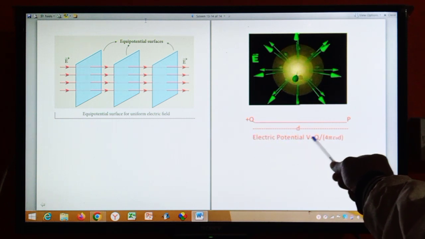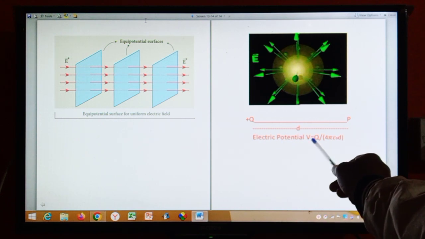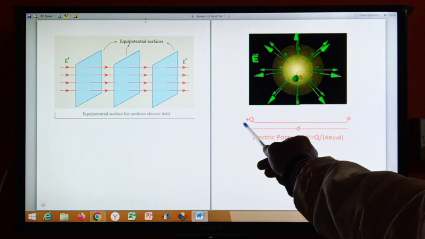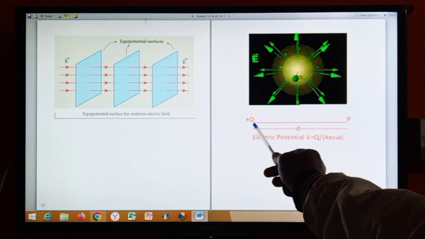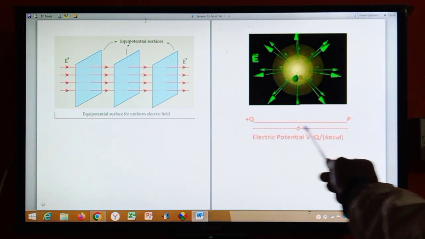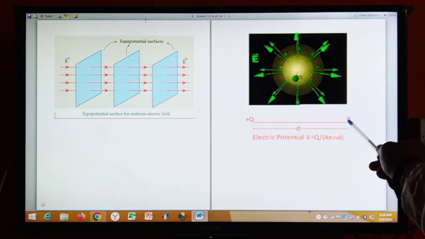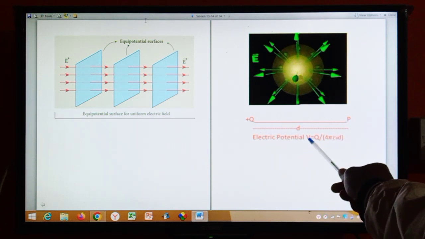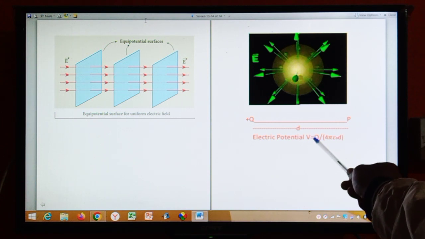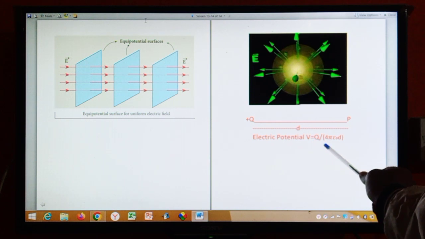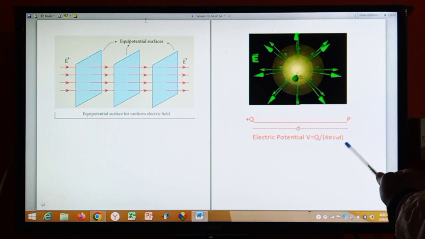So electric potential can be measured at a particular point due to the influence of some charge. Let's suppose this is the charge and d is the distance between the charge and the point. At point P, the value of electric potential can be calculated by the expression V is equal to Q upon 4 pi epsilon naught d, right?